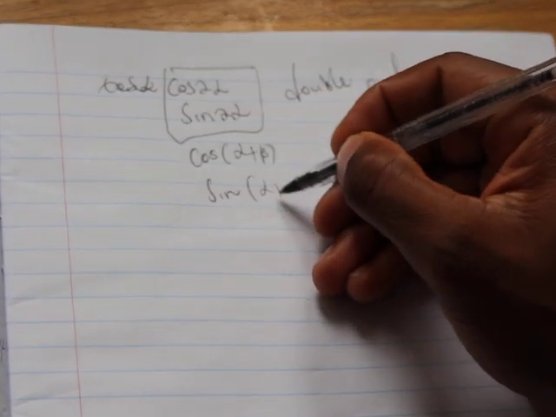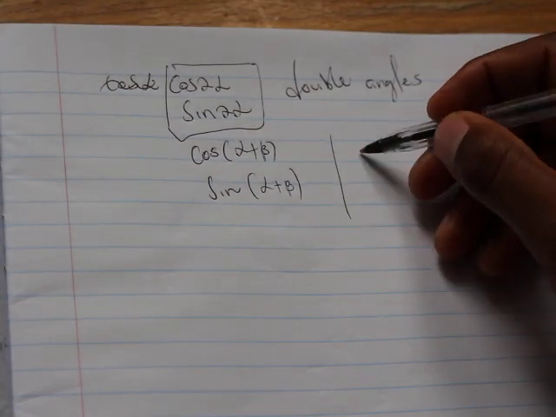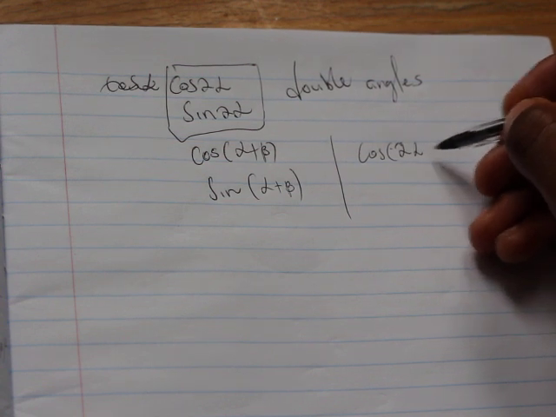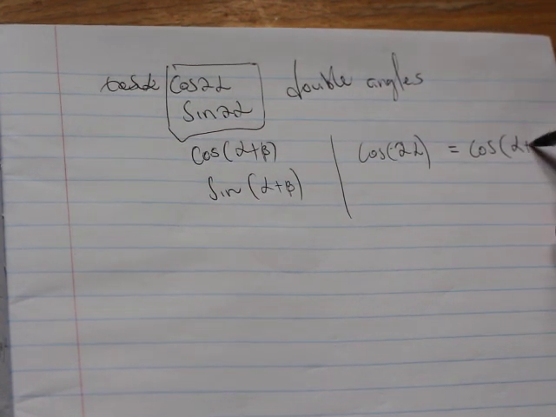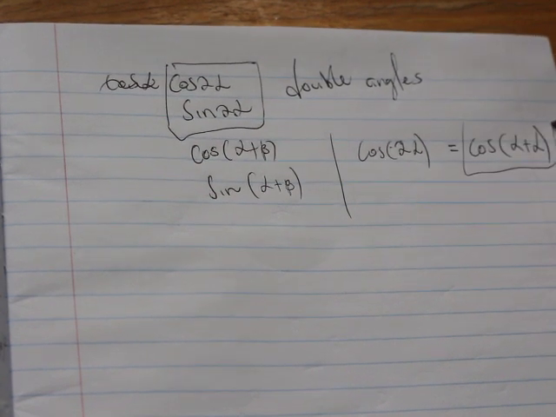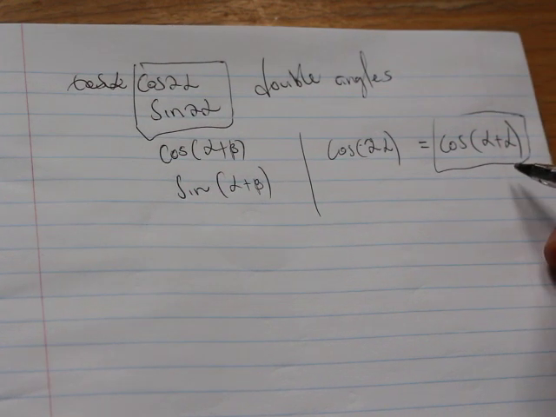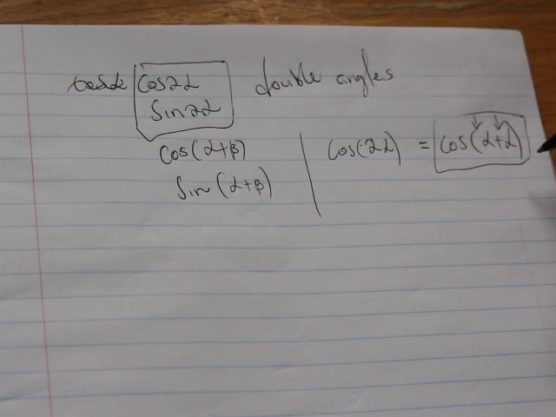Remember, with double angles, when you've got the cosine of 2 alpha, basically you've got the cosine of alpha plus alpha. So this is still a compound angle, but because it's the special case of a compound angle, we call it double angle. Why? Because the two angles that are being added here are identical.